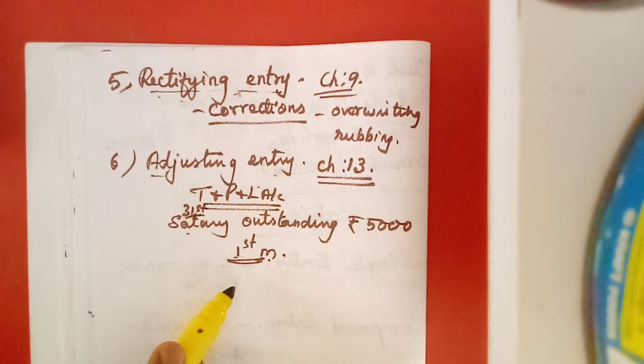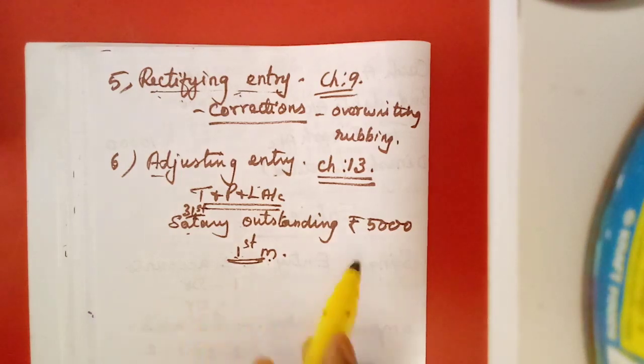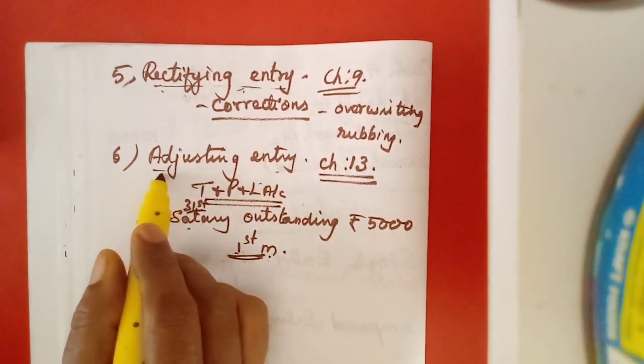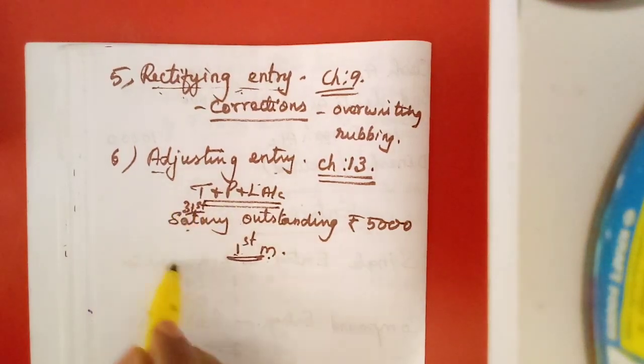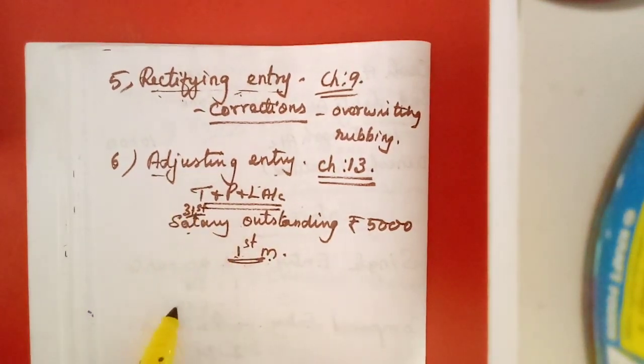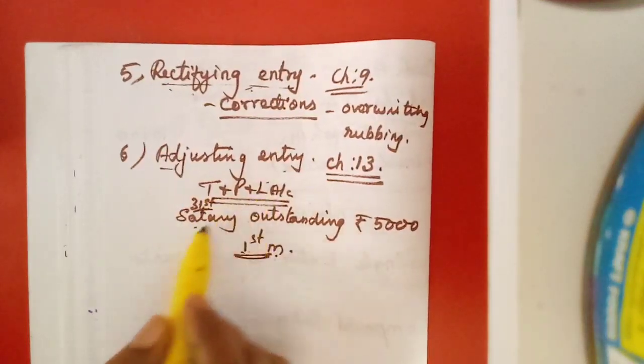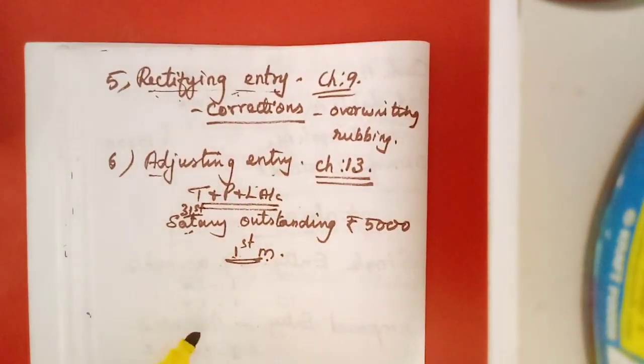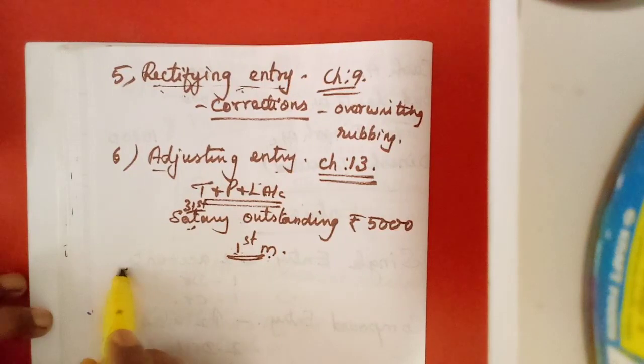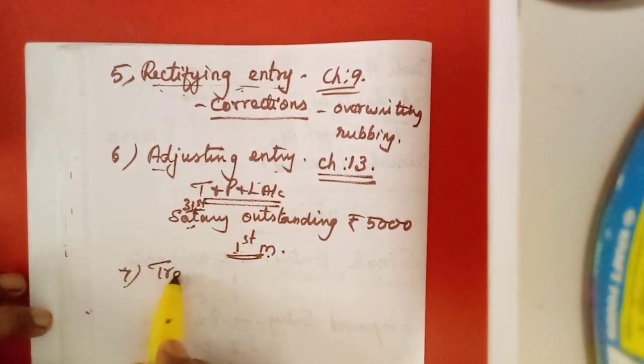They are called the adjusting entries. Then these should be transferred to trading and profit and loss account, salary outstanding. So we have to prepare some transfer entries also. That is the last one, transfer entries.